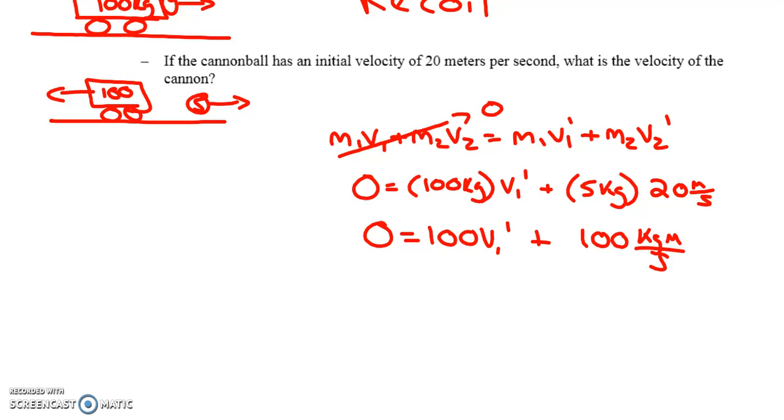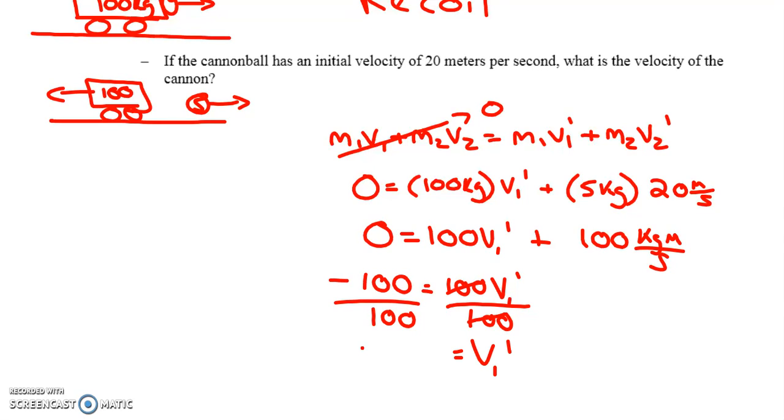If I subtract the 100 over, I get negative 100 equaling 100 v1 prime, and divide by 100, I get v1 prime equal to minus 1 meter per second.